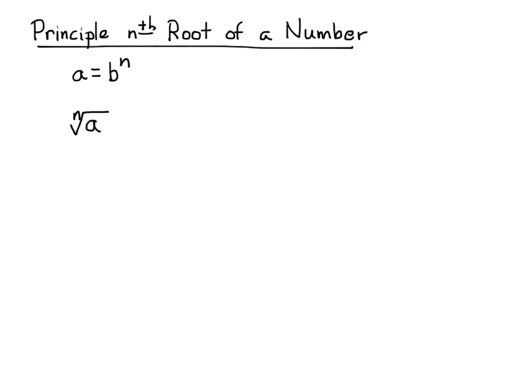And that's generally not what we're talking about, though. So we have this notion now called the principal nth root of a number. We're just making a rule for what the principal root is. In the radical sign, you see the little n up there, that's going to be the index. A is the radicand, and it's not really that important that you know these names.